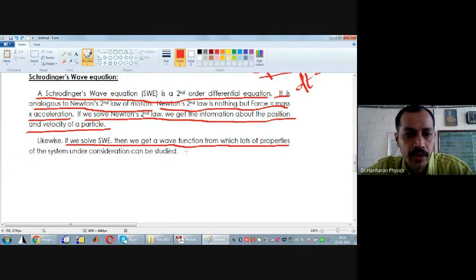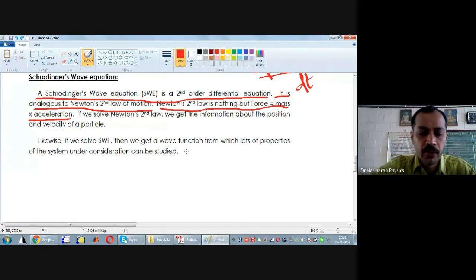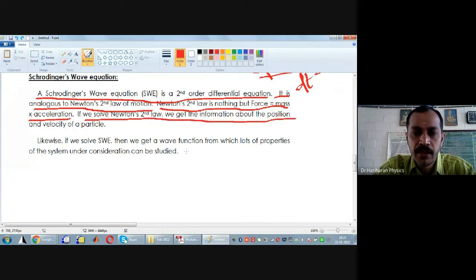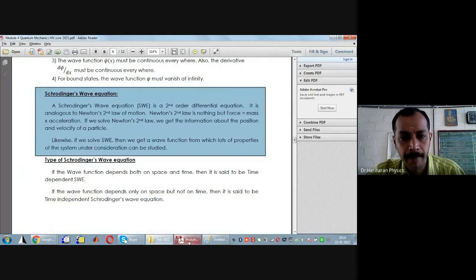Likewise, if you solve Schrodinger wave equation, which is also a second order differential equation, we are going to get the wave function, that is psi being a function of x and t. From this, a lot of information about the system under consideration can be studied. Okay, this much is clear.